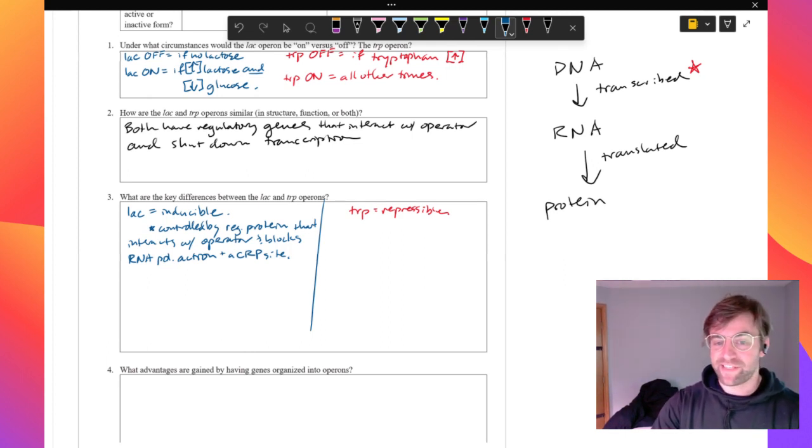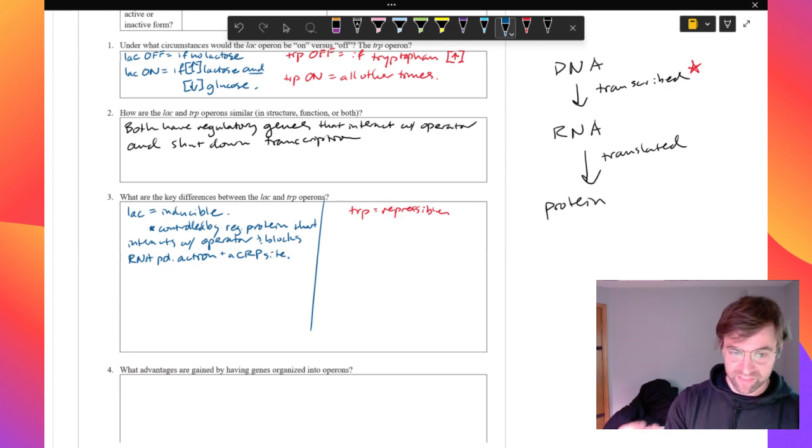RNA polymerase does not attach effectively to the operator unless CRP complexed with cyclic AMP is attached to the CRP site.